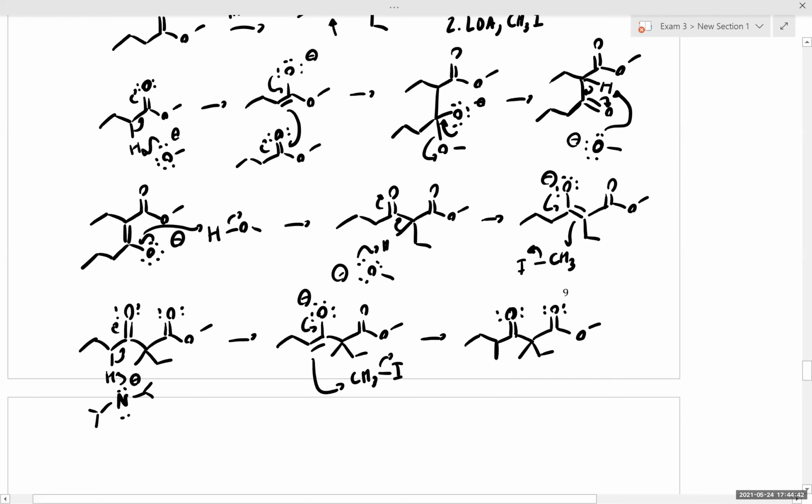Does this mechanism and does this reaction scheme make sense? Any questions on this example?